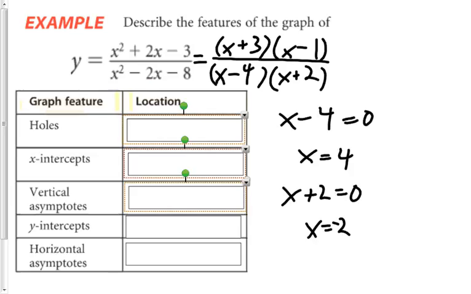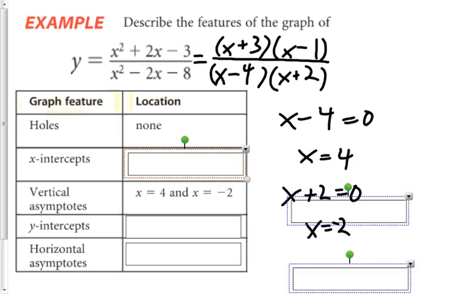Well, they would only be holes if I could plug them into x plus 3 or x minus 1, and either of the two equals 0. 4 plus 3 is 7. That's not 0. 4 minus 1 is 3, and that's not 0. Negative 2 plus 3 is 1. That's not 0. And negative 2 minus 1, that's negative 3, none of which are 0. Therefore, I know I have no holes. And my vertical asymptotes are at these roots 4 and negative 2.